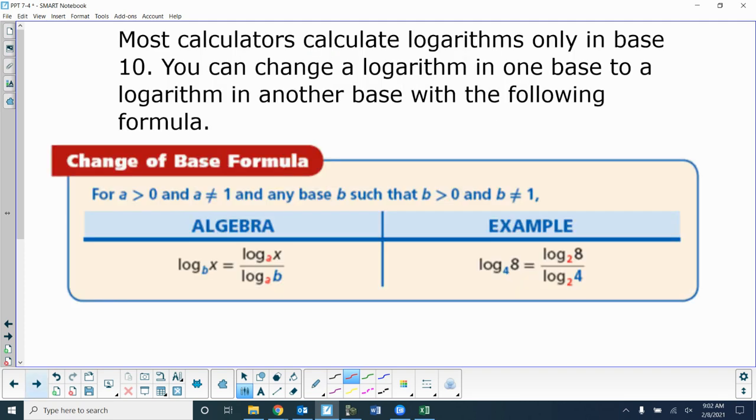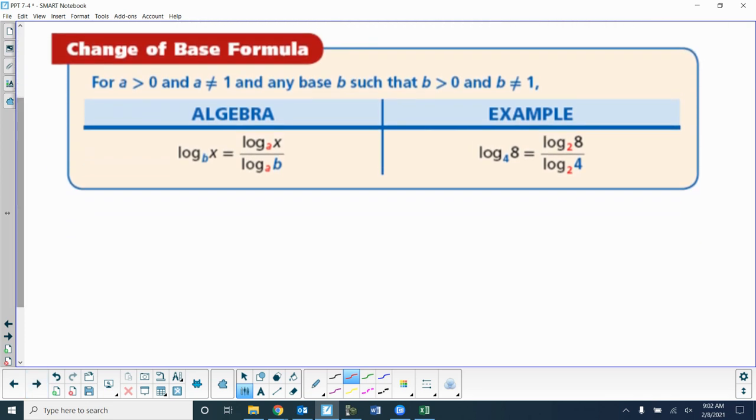All right, here's the one you want to remember. This is the one you're going to want to use whenever you have to solve a log. Okay? We're just going to use common log, the log on our calculator, the one that says log, right next to the 7. We're going to use the base 10 log every time we do these.